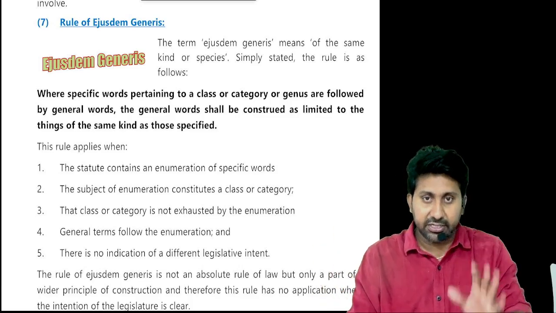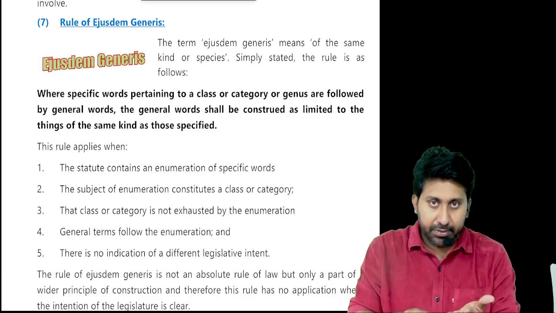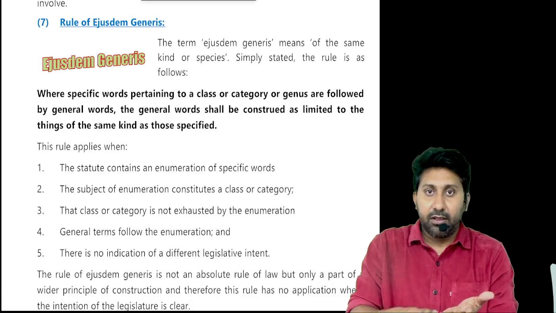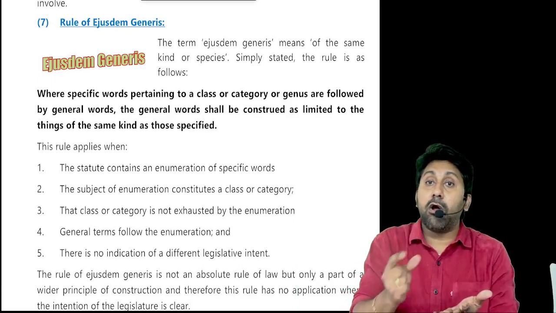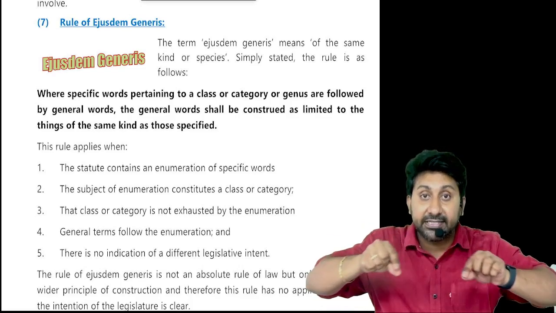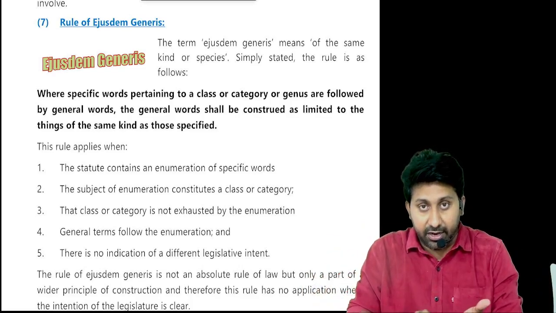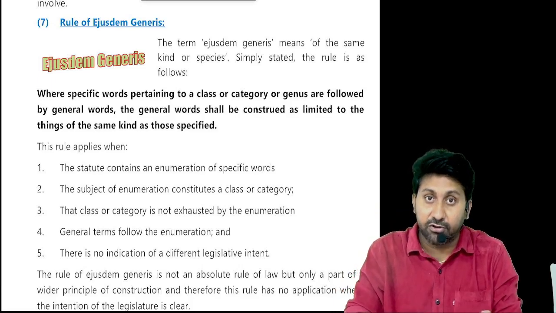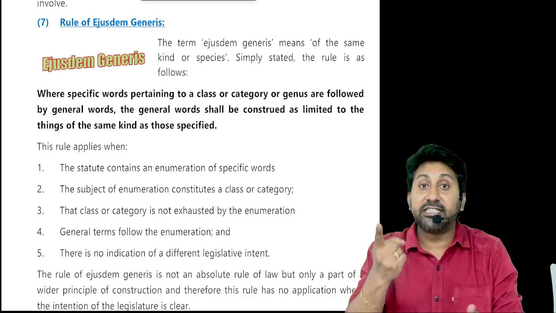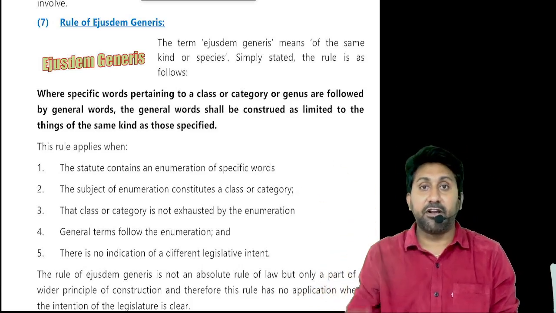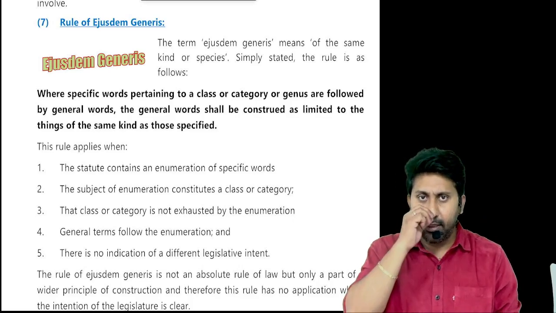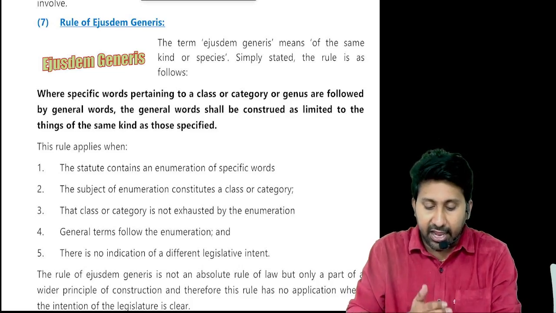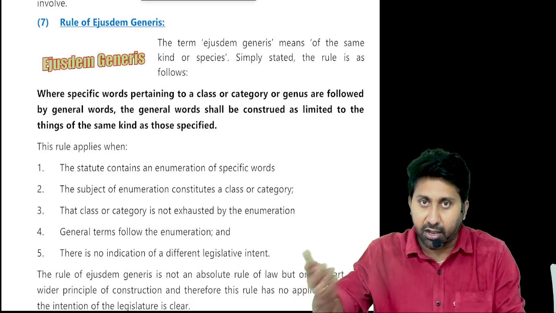Specific words belong to the same category or species. Then the general word should be given a meaning which is similar to that of the specific words. Example, when I use the words, I have a huge fear towards lion, tiger, leopard, etc.